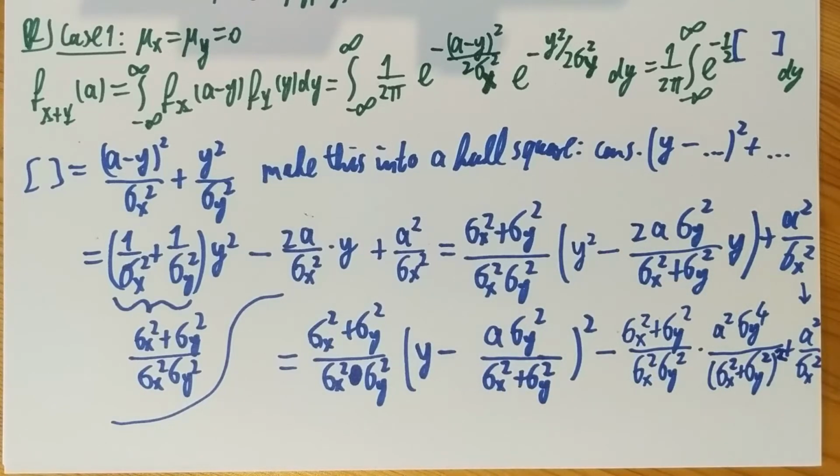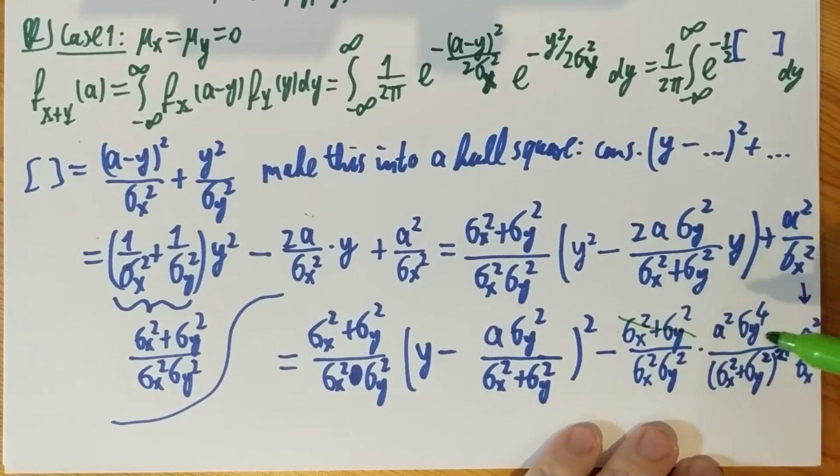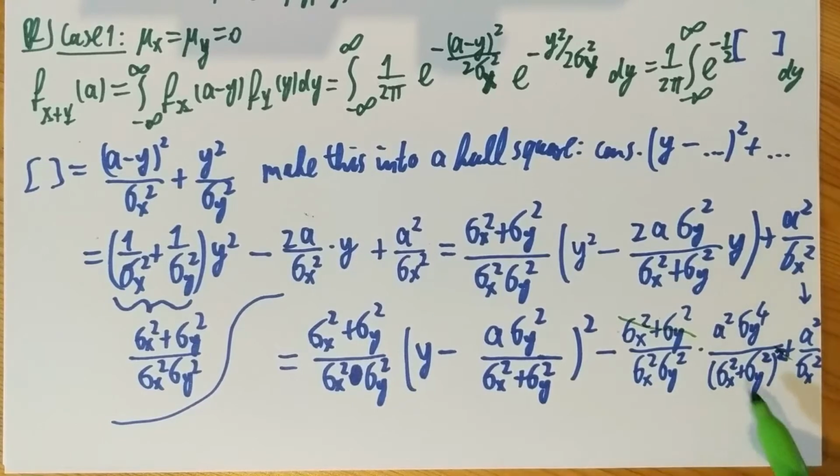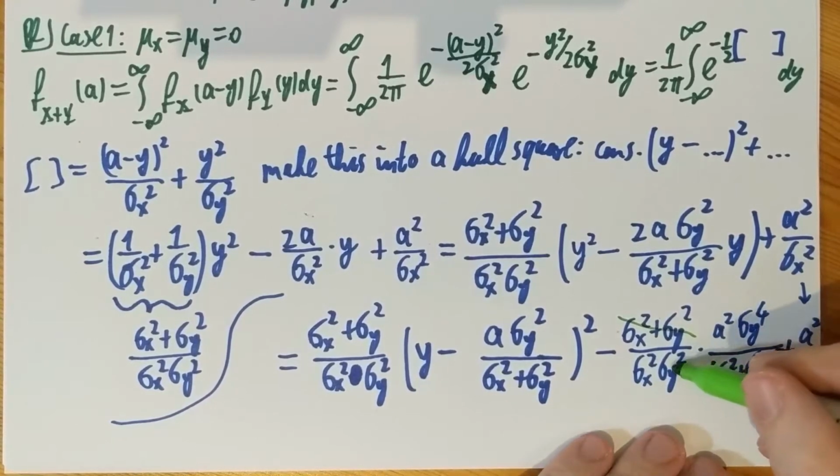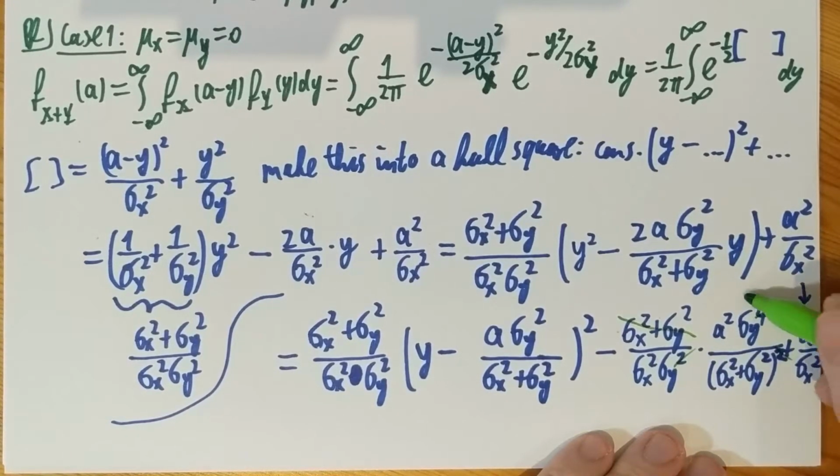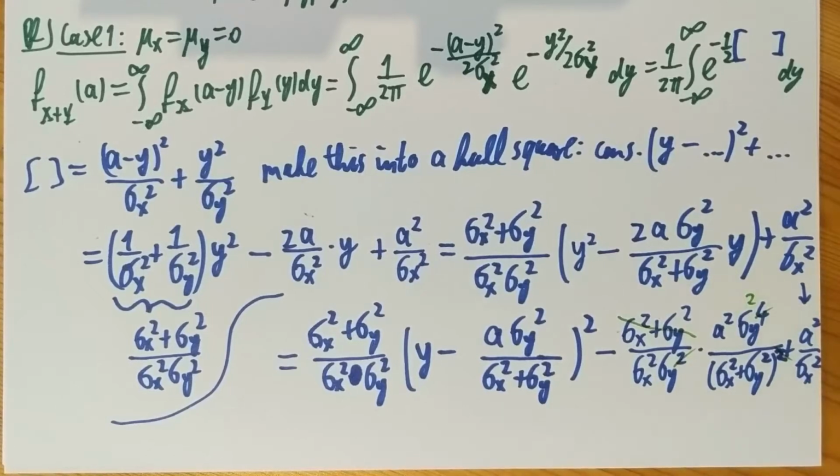And now there is a lot of cancellations which I can make. I can cancel out one of these sums here, and I can cancel out 2 of the sigma y squared there, and then I can actually factor out some things.